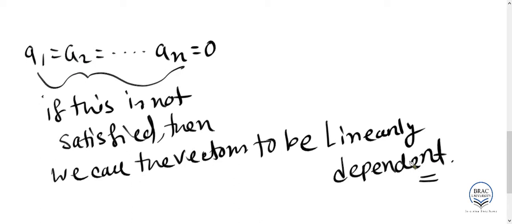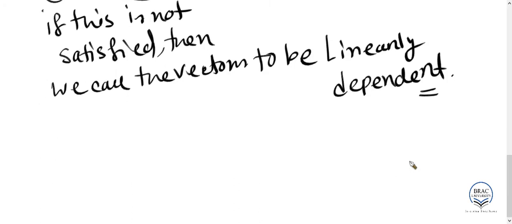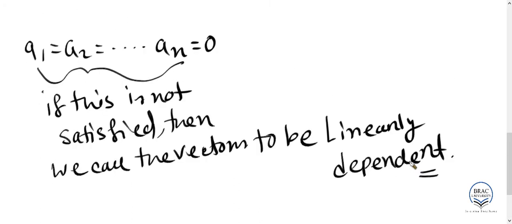So this is how we can define linear dependency and independency.